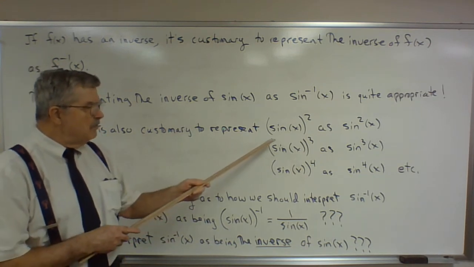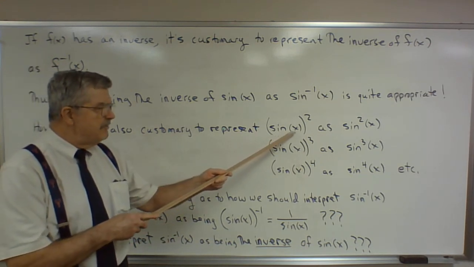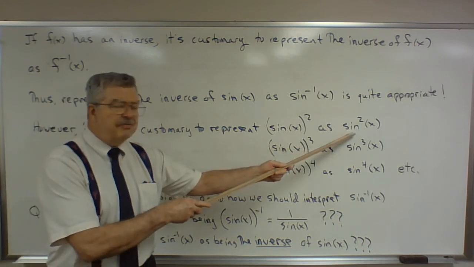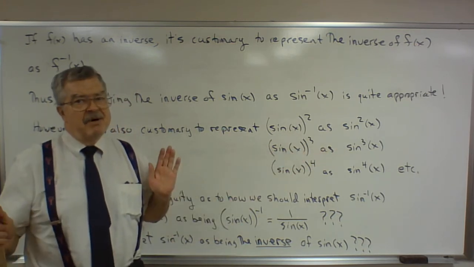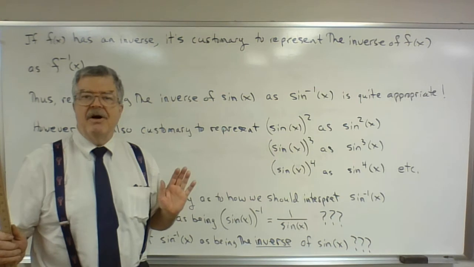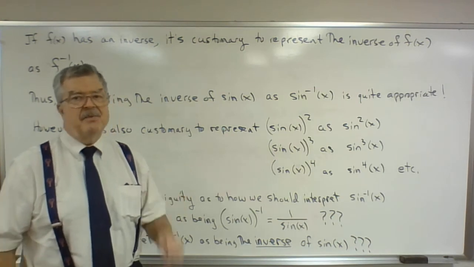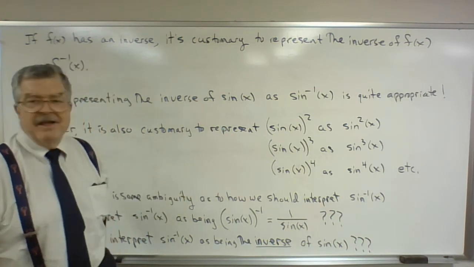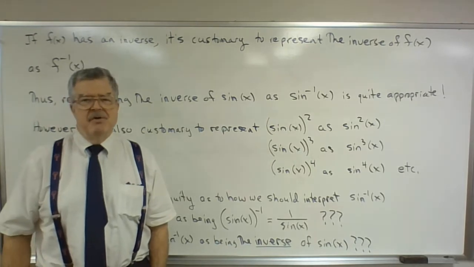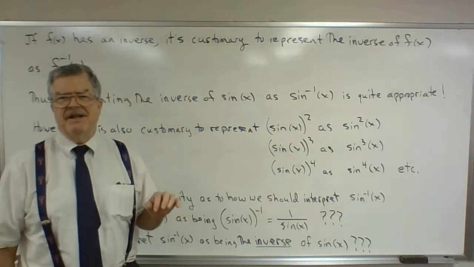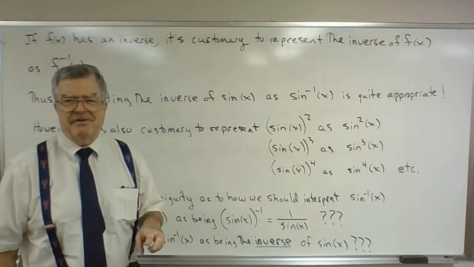I don't like representing sine of x quantity squared this way, but it's been in wide use for a long time, and there's nothing we can do about it. It's like when we go into that movie theater with our girlfriend and there are only 2 seats left.